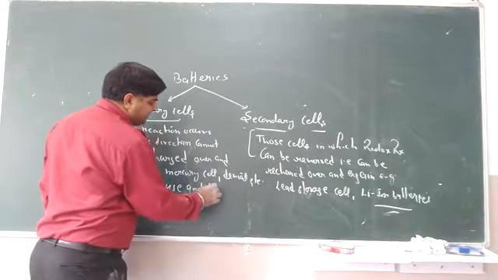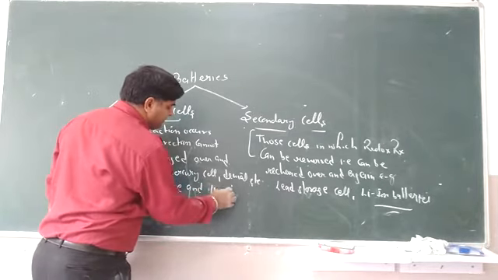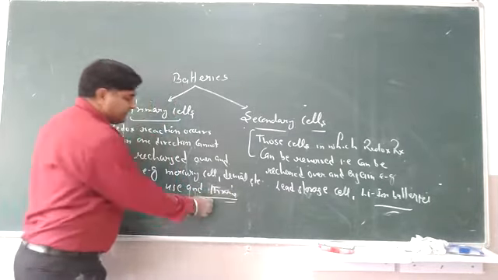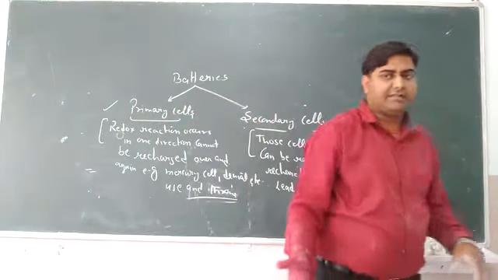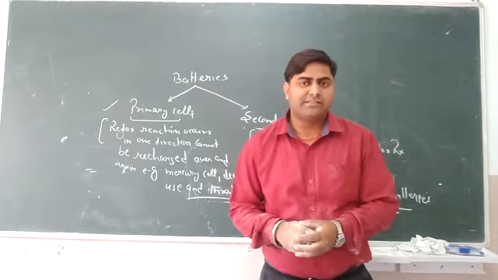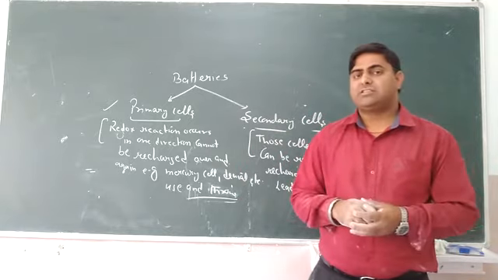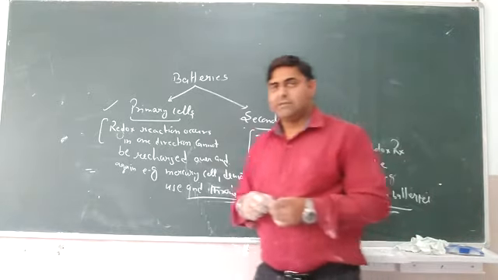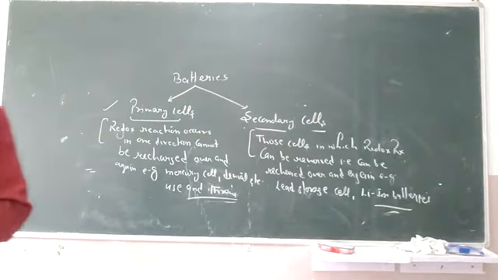We use them and then after that we throw them, whereas secondary cells or secondary batteries are rechargeable. Now we are going to discuss a few cells, their reactions and their uses. First we are going to discuss the dry cell.